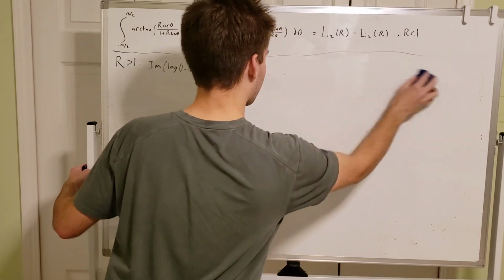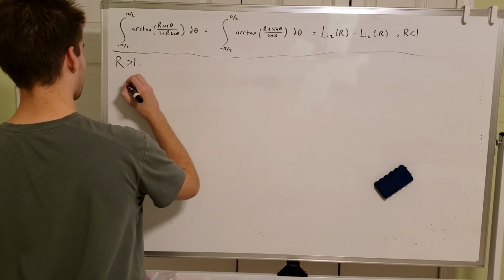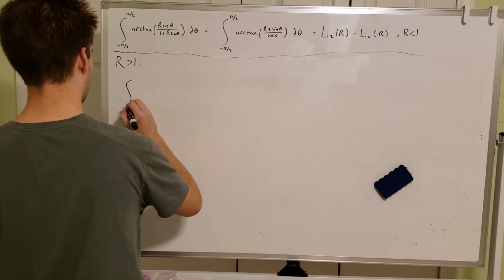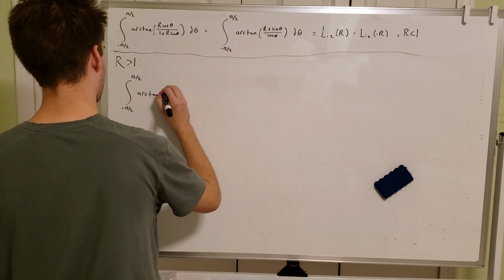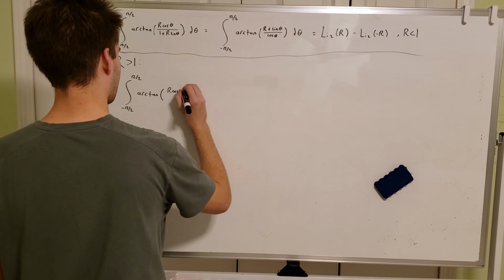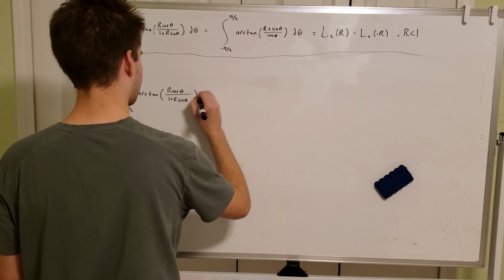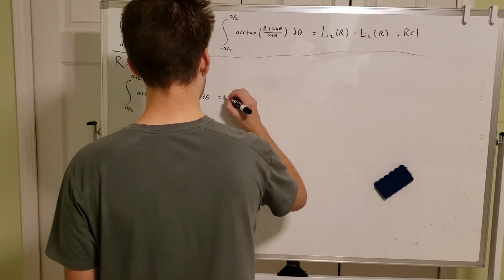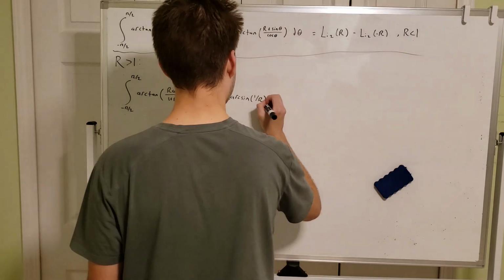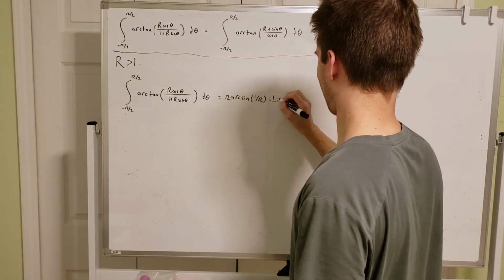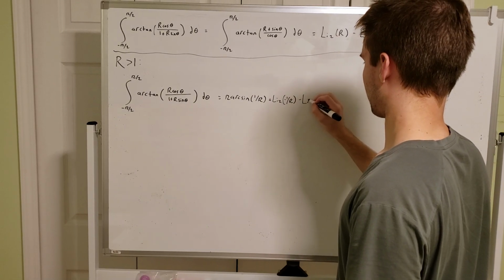So once you do some rearranging, you can get the integral formula for the same integral we did before, just with a different set of r values. So we have the integral from minus pi over 2 to pi over 2 of arctangent of r cosine theta over 1 plus r sine theta equals, like I said, after the rearranging and removing the negative, the positive term is now the one with the minus.